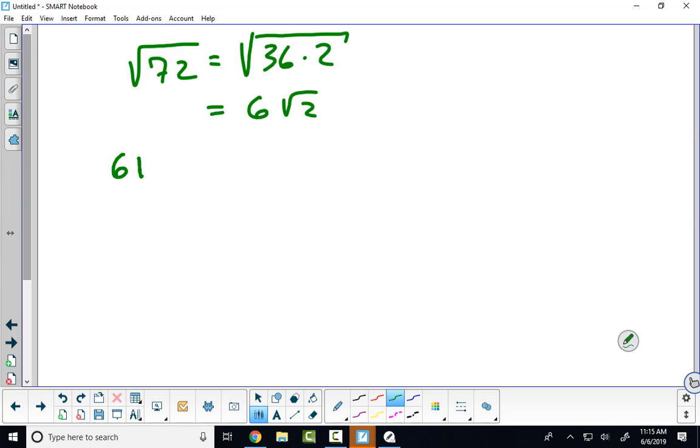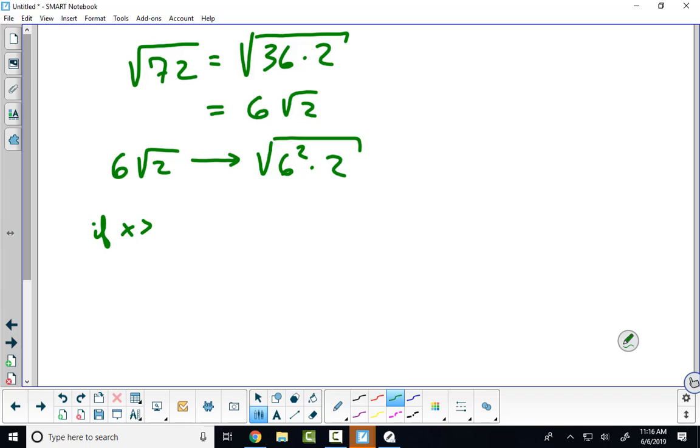So now I want you to think of going this way. If I take 6 times the square root of 2, if I want to put that 6 inside the radical, how's it going to go in? So it's going to go in as the square root of 6 squared times 2, right? Does everyone see how I passed it in there? So, this is very important.